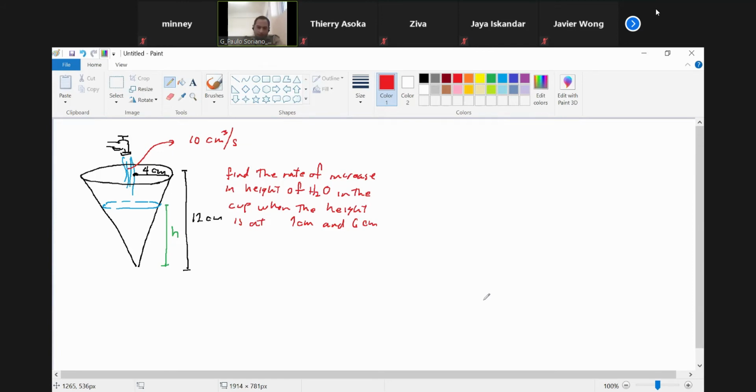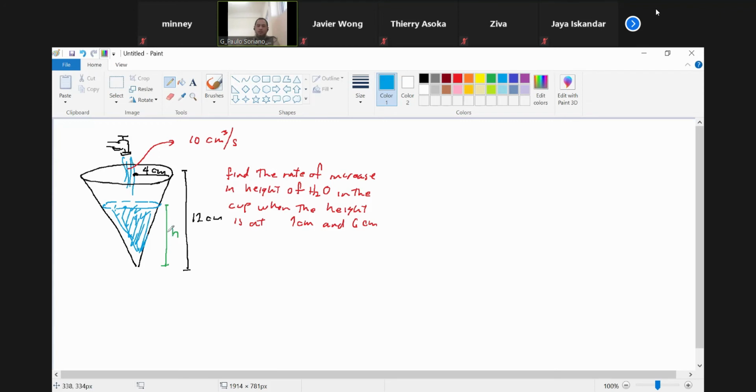We have now again a connected rate of change wherein we need to relate two components. What components are we comparing this time? Anyone? What components are we comparing here in this problem? Is it dH over dt, or the height?